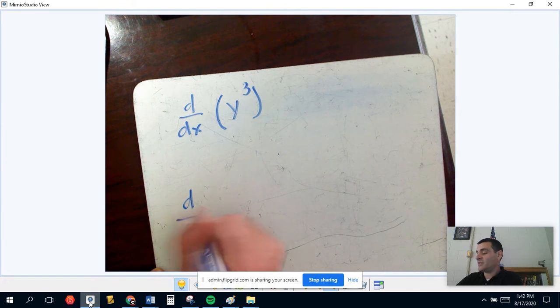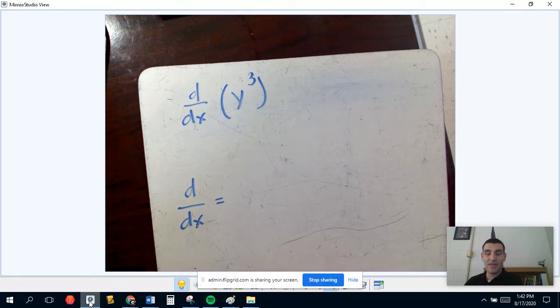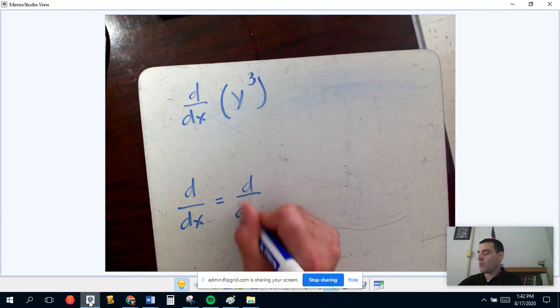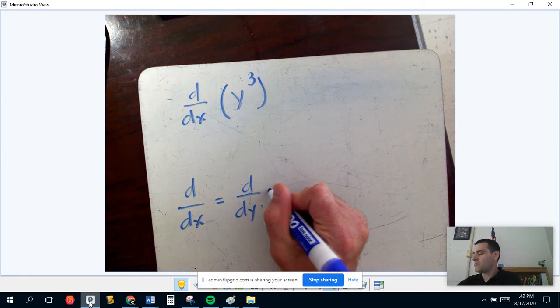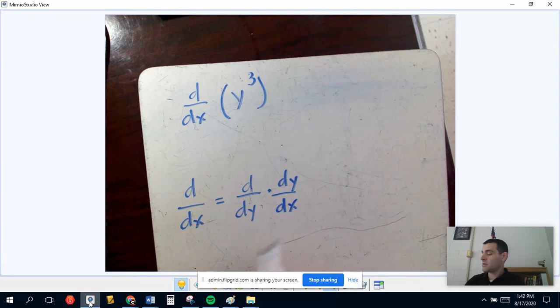So what we do instead, and I like to write it this way because of the concept of fractions, it's easy to follow, is like taking the derivative with respect to y, but from a fractional standpoint, I multiply this by dy dx. Think about fractions here.